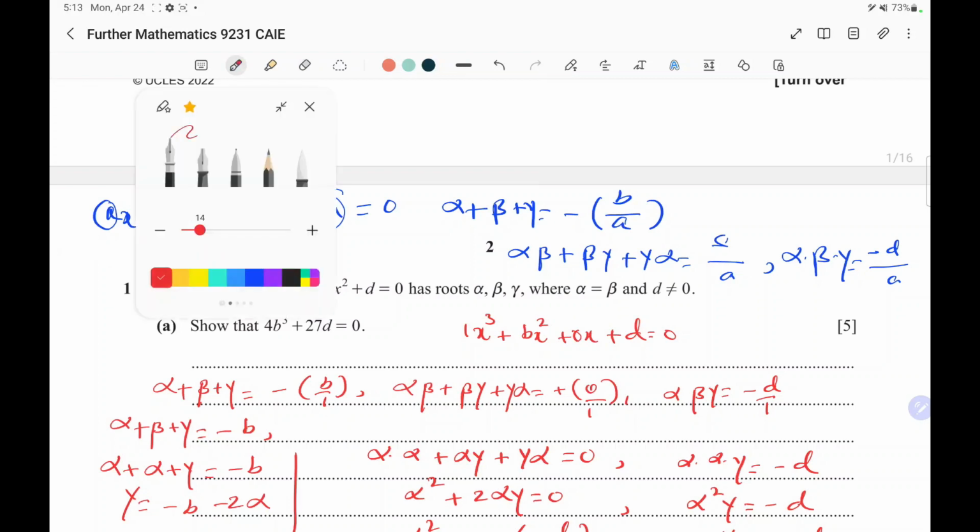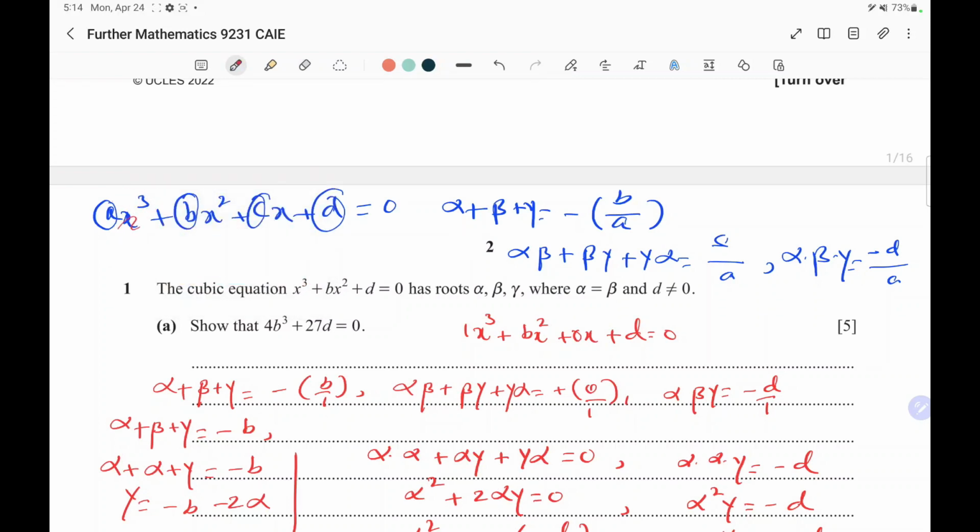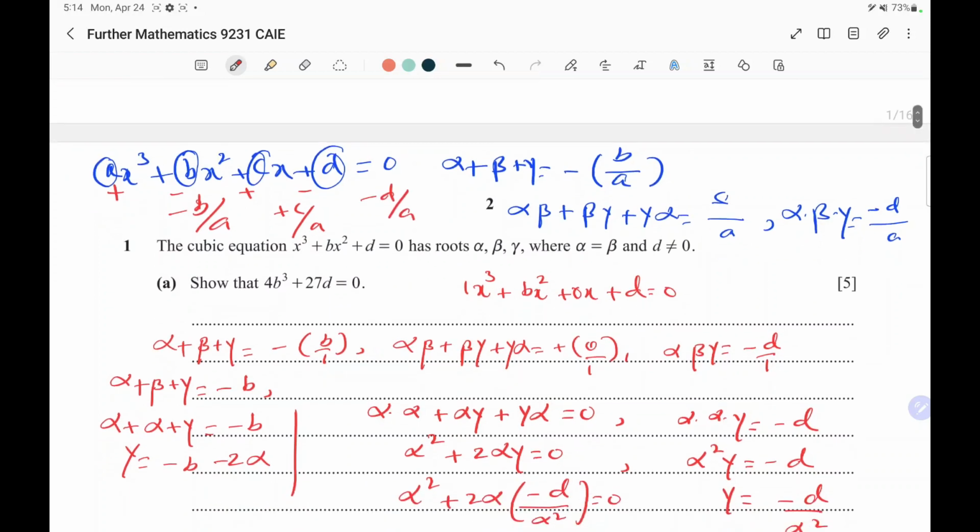Just write plus sign, minus sign, plus sign and minus sign. So the sum of roots is minus b over a, the sum of product of roots taking 2 at a time, alpha beta, beta gamma, gamma alpha, is plus c over a, and the product of roots, alpha beta gamma, is minus d over a. So it is easier for you to remember.